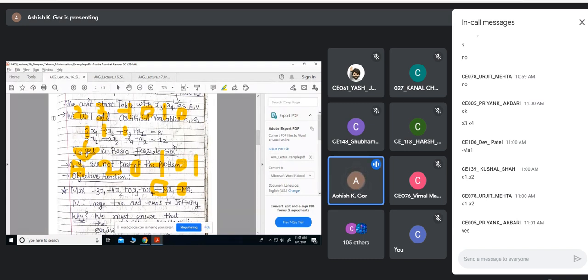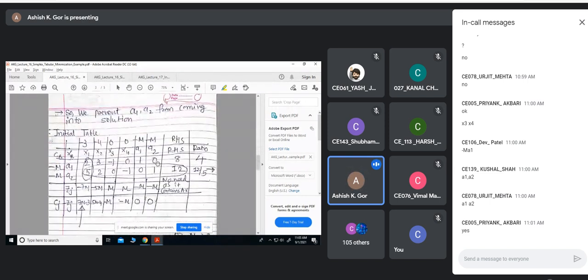There are 6 variables, so X1, X2, X3 are there, X4 is not there, so 0. A2 is not there, so 0. And right hand side is definitely here 8 and here 12. This is how I can initialize the first row, second row, this and this.